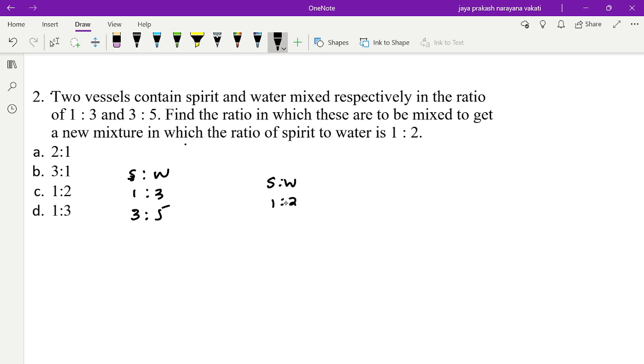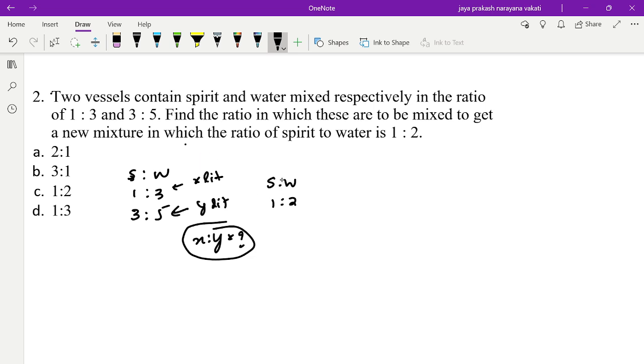So if x liters are taken from the first vessel and y liters from the second vessel, he's asking to find out the x is to y ratio. In the previous problem, initial ratios were given, and x is to y was given as the same quantity, 1 is to 1.